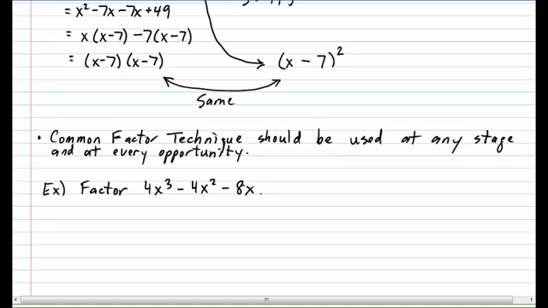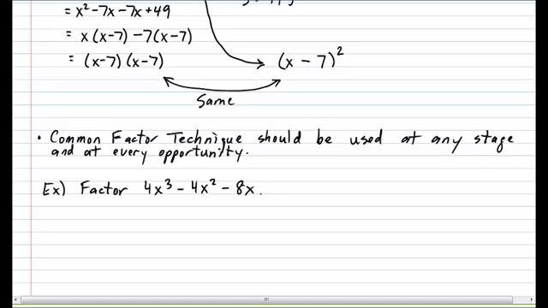Well, it's not a polynomial with four terms, so grouping technique is out. It's not a binomial, so difference of perfect squares technique doesn't apply. And it's a trinomial, but it's not a trinomial of the form something x squared, something x, and no x. This is a third degree trinomial. So we can't exactly use the product sum technique yet either.